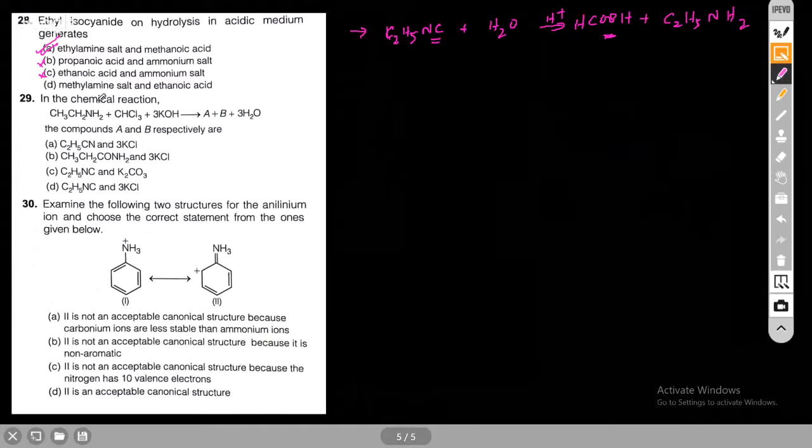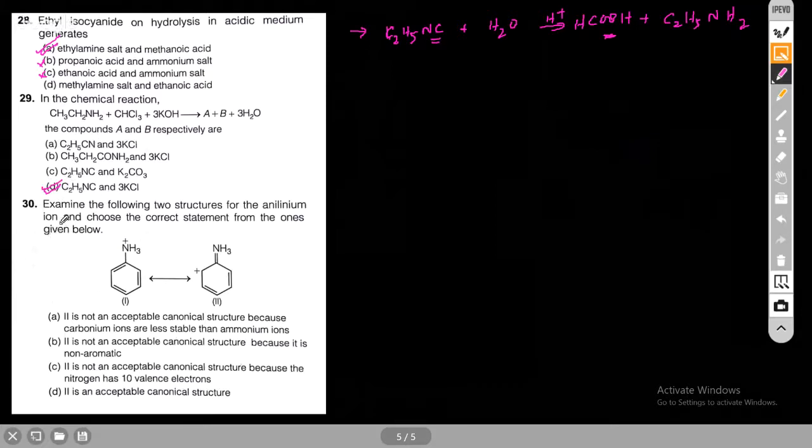Question number 29. All of you are getting D. Option D is correct. Option D is correct.